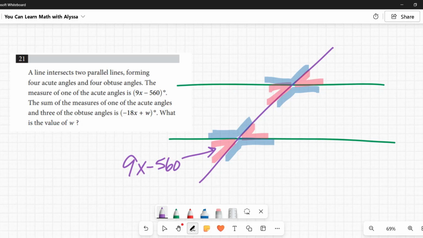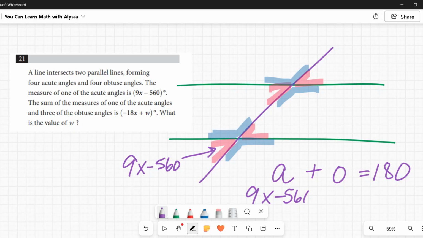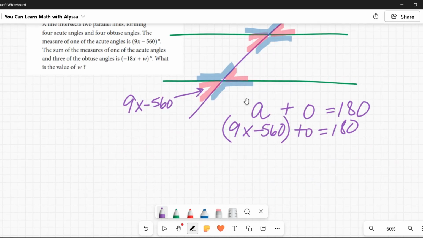Okay, I don't have a representation for the obtuse angle. What I do know is that the obtuse and the acute angle, the pink and the blue here, add up to 180. So if I say the acute plus the obtuse equals 180, and the acute is 9x minus 560, plus the obtuse equals 180, then I can subtract that from both sides.